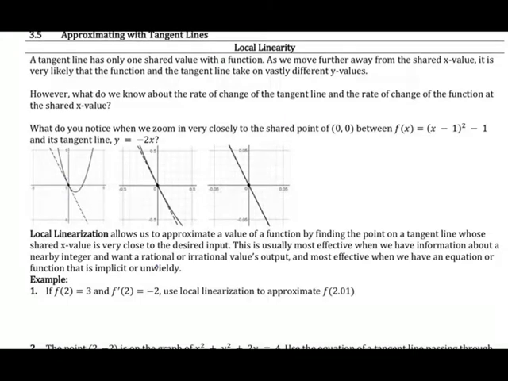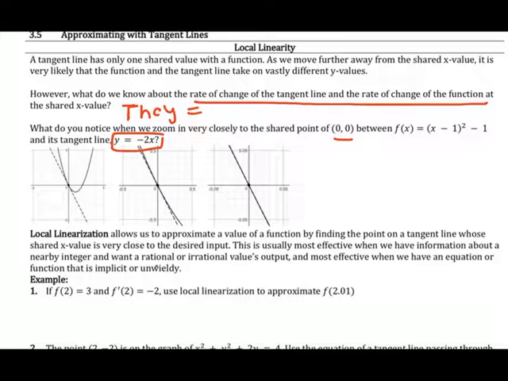So what do we know about the rate of change of the tangent line and the rate of change of the function at that x value? We know that they are equal. And what we just pointed out is as we zoom in closer and closer to 0, our tangent line becomes a better representation of not just that one point, but points close to that one point.